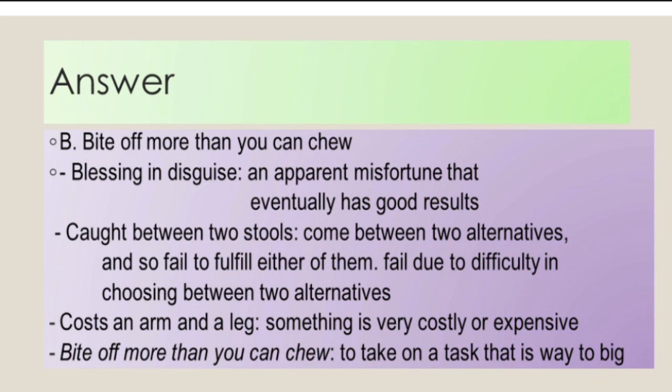This is something that is very costly or expensive, that sometimes we cannot afford. And then look at bite off more than you can chew. It means to take on a task that is way too big. Our answer should be option D, bite off more than you can chew.